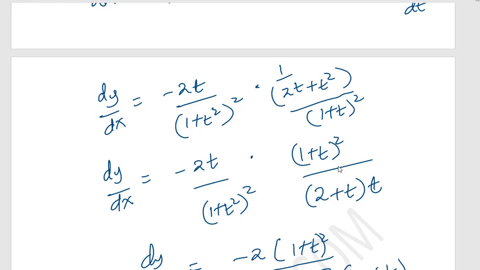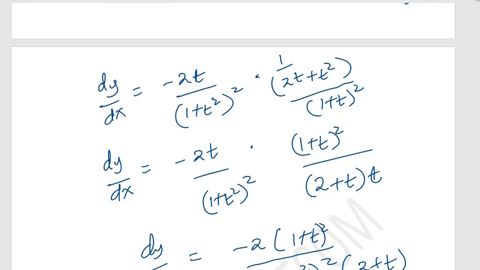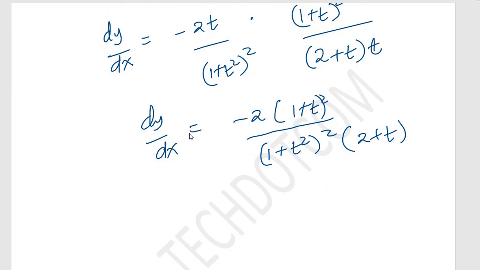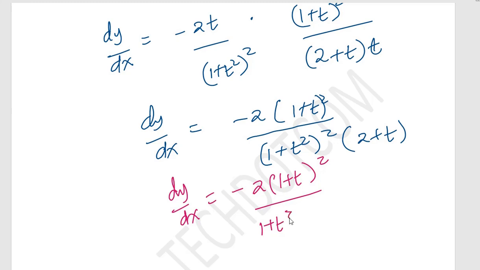When we simplify it, it is like this, and when you simplify it further, you will have dy/dx equal to negative 2 into 1 plus t, everything squared, divided by 1 plus t squared, then you have 2 plus t.